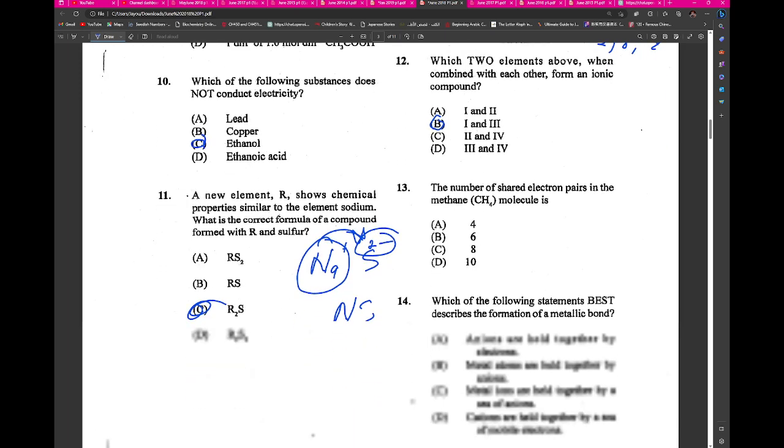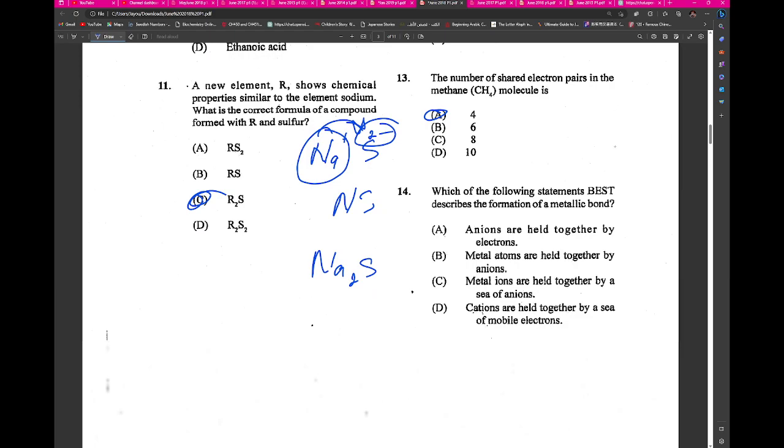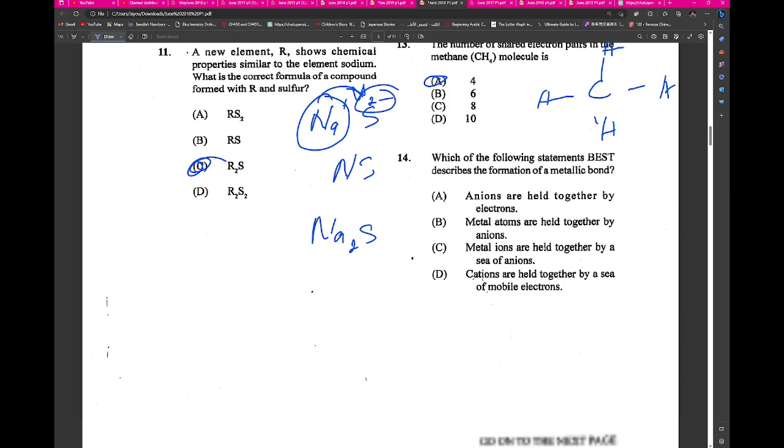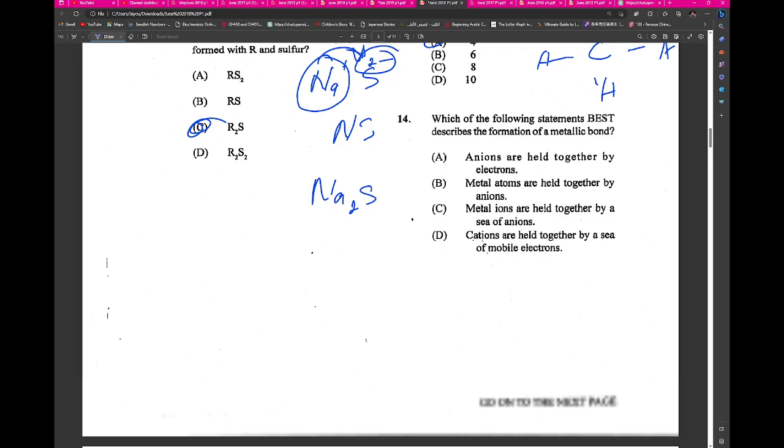The number of shared electron pairs in a methane molecule is 4. Which of the four? Let me just try it real quick. 4. Which of the following statements specifies the formation of a metallic bond? Metal ions are held together in a sea of anions. Dope. Cations are held together by a sea of mobile electrons.